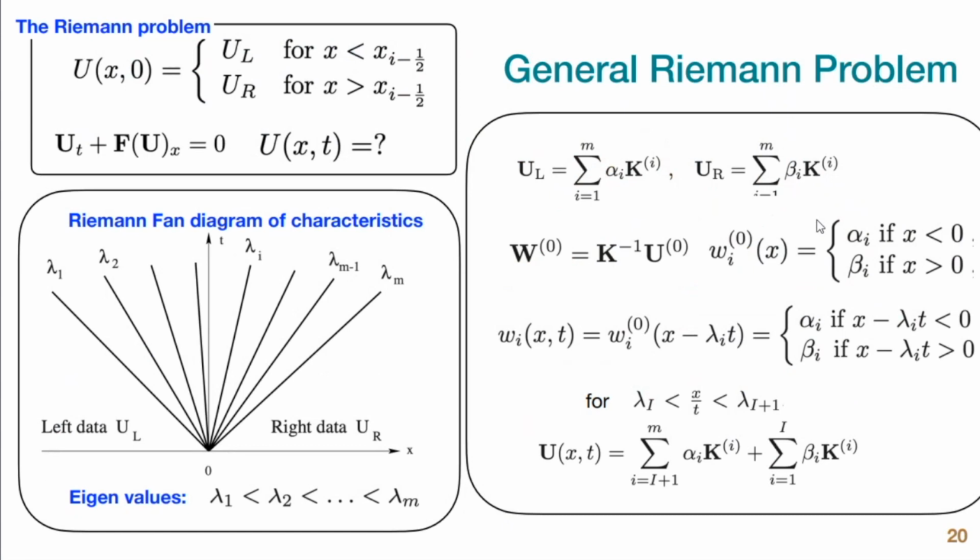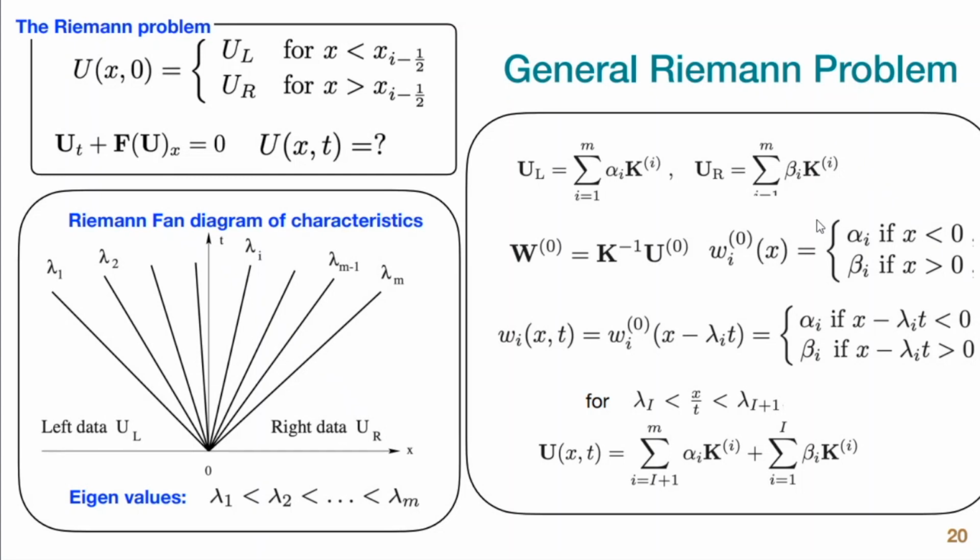So you had x less than 0, x greater than 0, but x at a time t should be x minus lambda t less than 0 and x minus lambda t greater than 0. If this is the case, then you can check that for some eigenvalue, you will have a switch. So there should be a lambda capital I for which x by t is greater than lambda capital I but less than lambda I plus 1.